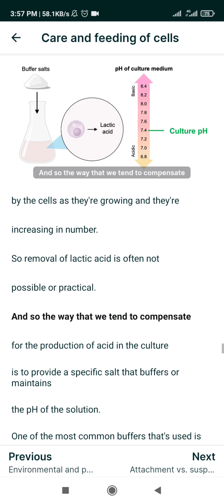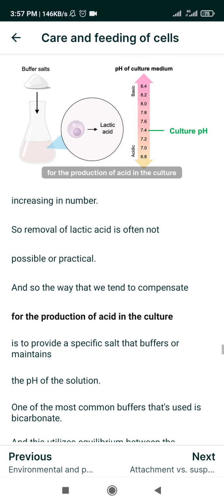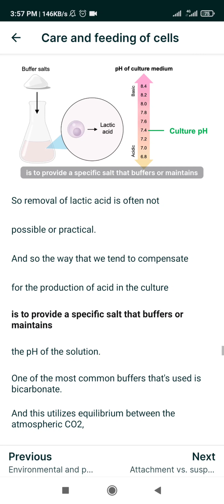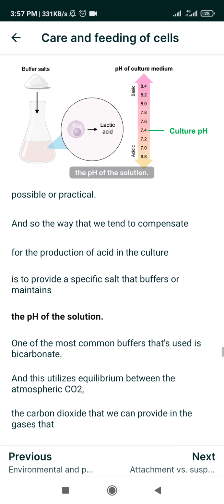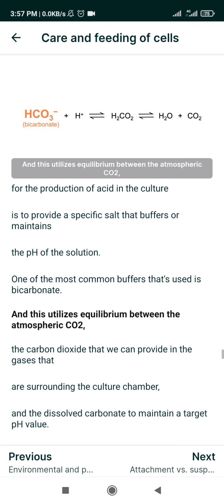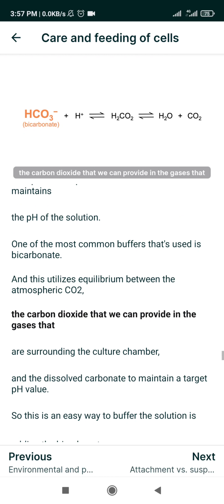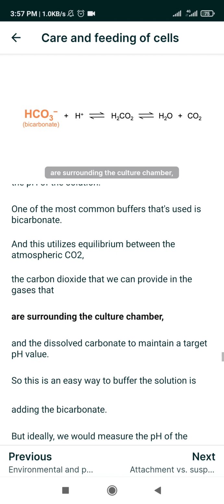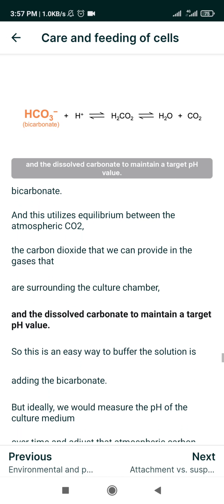And so the way that we tend to compensate for the production of acid in the culture is to provide a specific salt that buffers or maintains the pH of the solution. One of the most common buffers that's used is bicarbonate. And this utilizes equilibrium between the atmospheric CO2, the carbon dioxide that we can provide in the gases surrounding the culture chamber, and the dissolved carbonate to maintain a target pH value.